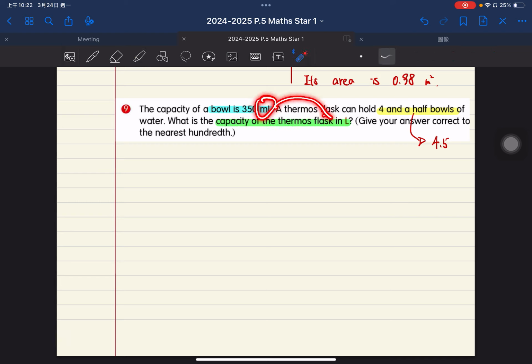Bear in mind, this is milliliter and liter. So what we have to do, we have to first change the milliliter to liter. Just now, cm to m is from 100 cm become 1 m, which is times 0.01 because it is from divided by 100.